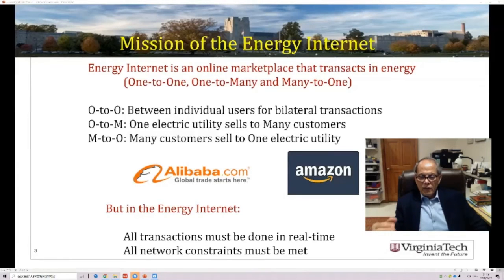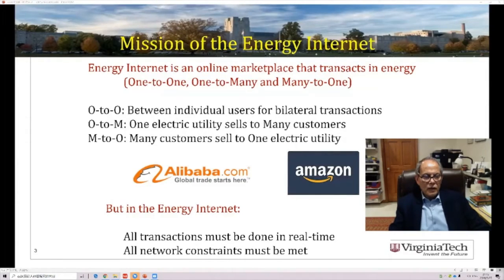So you buy from that person. It's a one-to-one transaction. Next is one-to-many, in which one electric power company sells to many customers. For example, State Grid sells to 300 million customers in China.